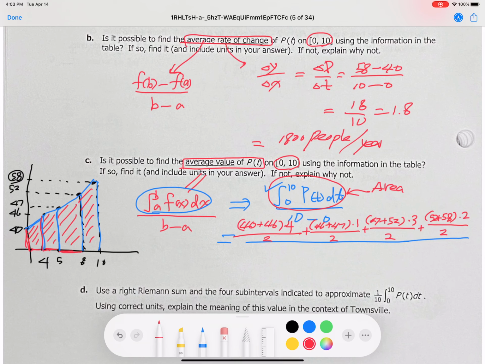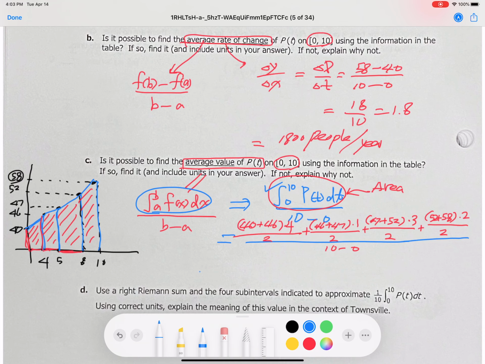This is the area under the graph with the x-axis from 0 to 10. Because we don't know the actual graph equation, we just use straight lines between points. So I just found the sum of the 4 trapezoid areas, over b minus a, 10 minus 0.